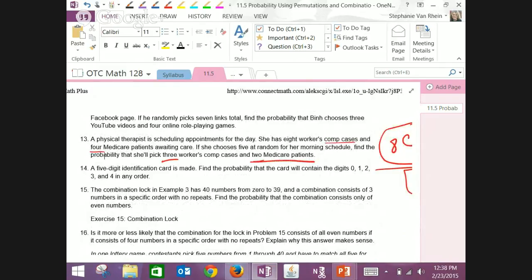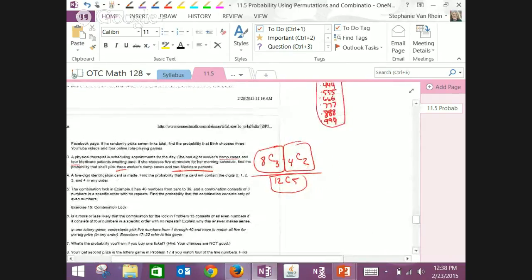Okay, so when we set these up, all we do is first decide, of course, whether it's combination or permutation. And then the number on the left side will be our numbers from our different categories that we have. This is how many you have in the category, and this is how many you want from that category. So the left side will always be how many you have, the right side will be how many we want.